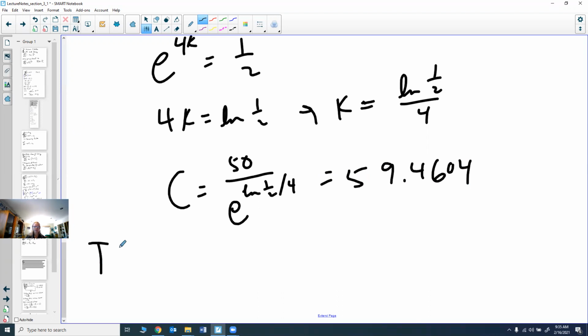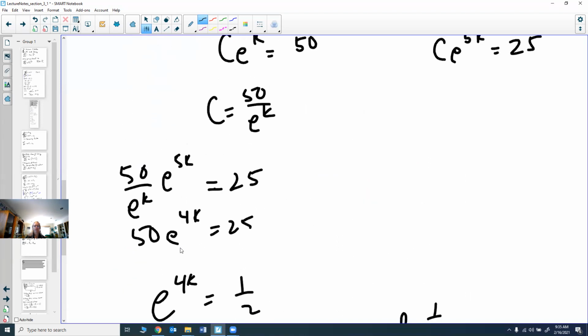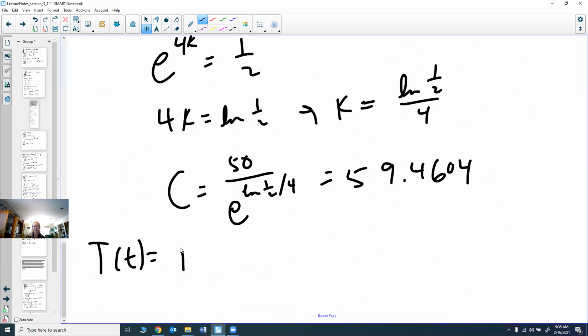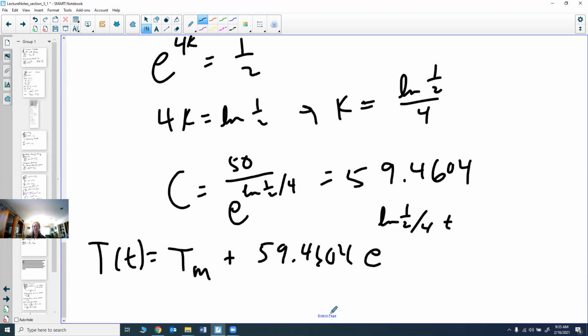T of t is equal to, going back up to our equation, T sub m plus C e to the kt. So T sub m plus C, which we found out was 59.4604, e to the kt, and k we found out to be natural log of 1/2 divided by 4t.